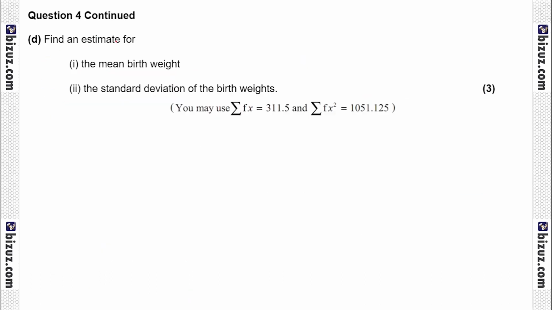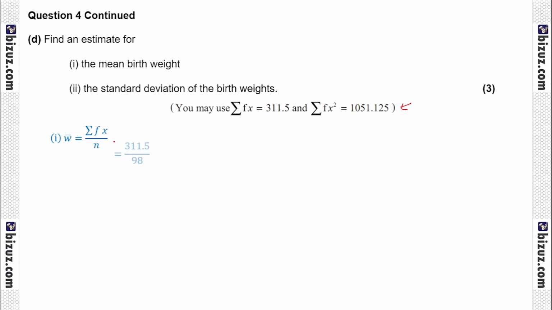Part D. Part 1 tells us to find an estimate for the mean birth weight. So let's do that first. Here we have the information that we saw before. This is where we actually need to use it. An estimate for the mean, which is W bar, is going to be the sum of the frequency multiplied by the midpoint for each class, divided by the total frequency n.